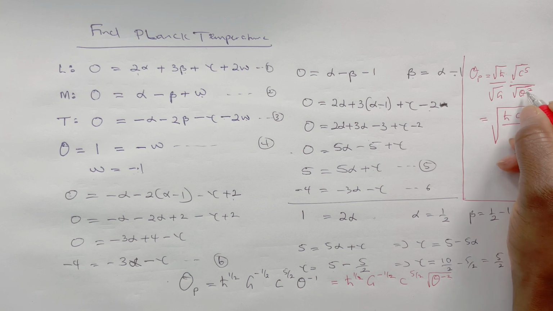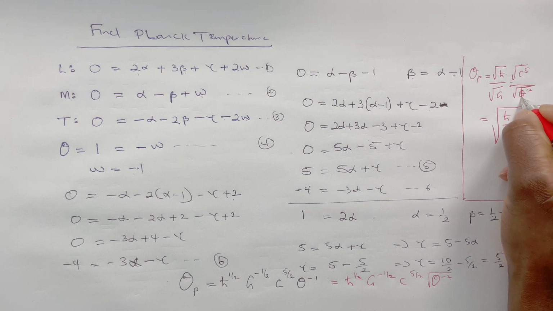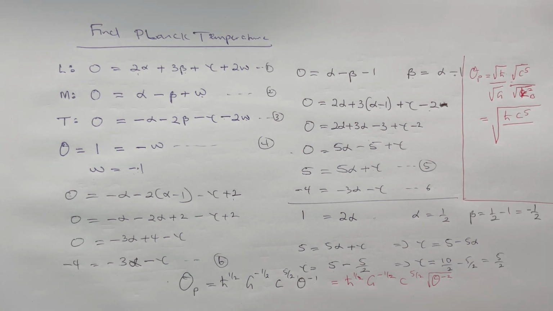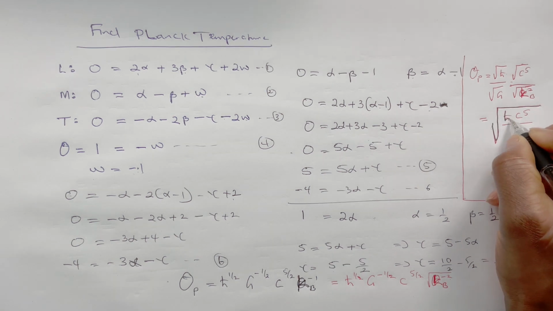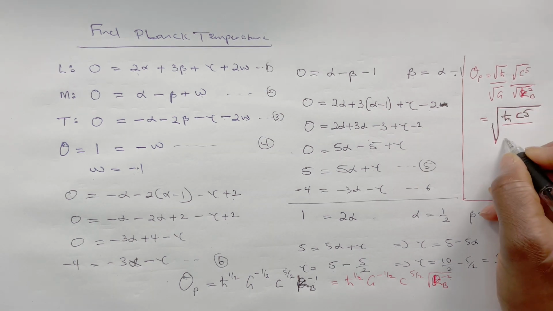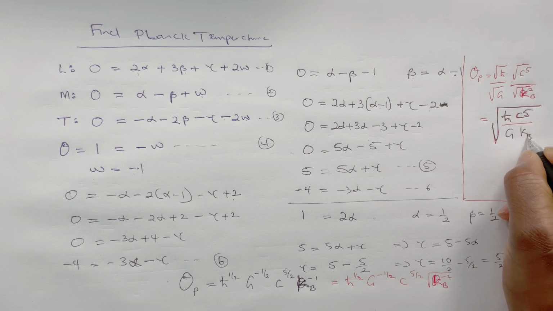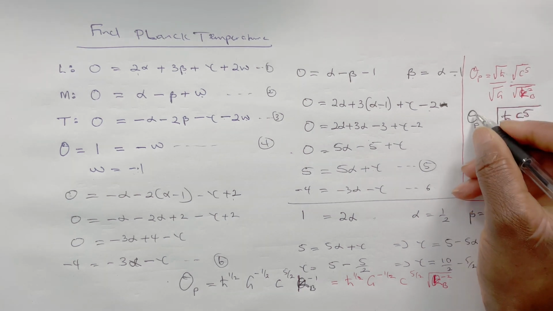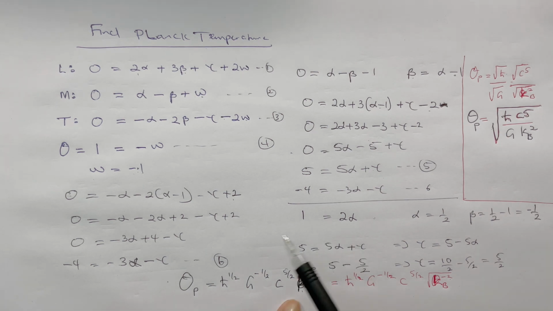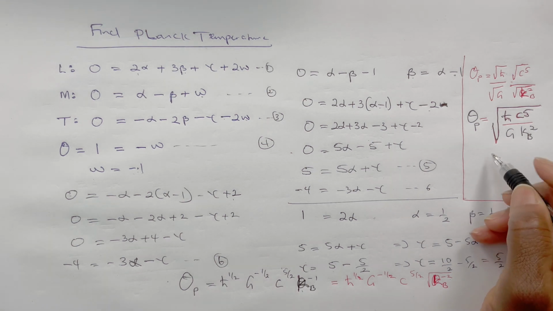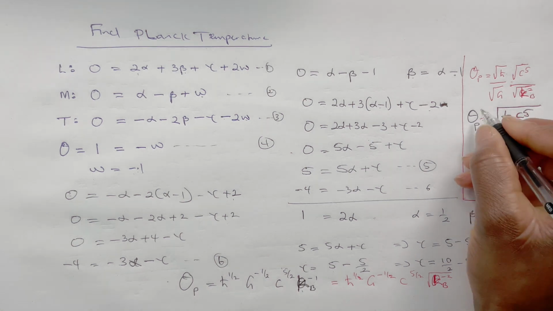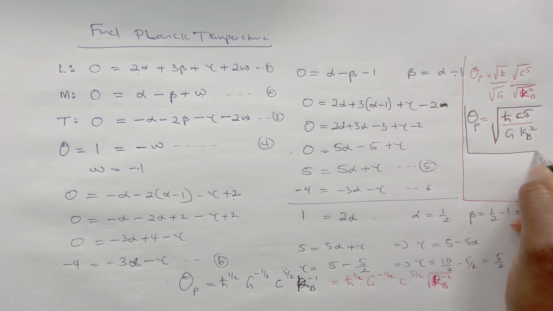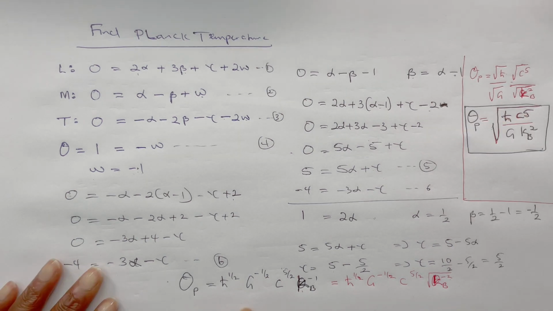So that should be kB, a universal constant. So that's h bar c to the power 5 over G kB squared, and that'll be the temperature. That's the Planck temperature, where this one is kB, not temperature, because it's a universal constant. So again, that's correct, and that's what we need to derive. So we've done that using dimensional analysis.